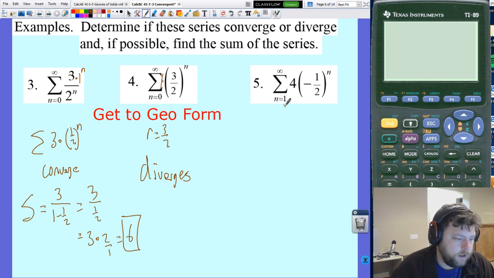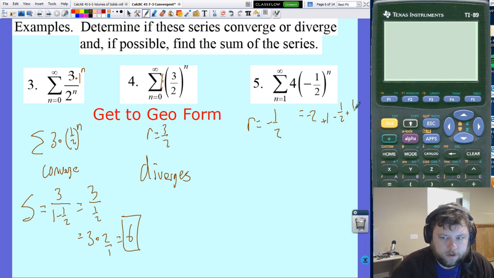If n equals 1, I have to rewrite this a little bit. I know my r is going to be negative 1/2. The first few steps of the pattern are going to be negative 2 when n equals 1, and then plus 1, minus 1/2, plus 1/4, and so on. Remember that a is the first term. That's where I messed up last time. So my first term, starting at 1, is going to be negative 2 when you plug in that 1.